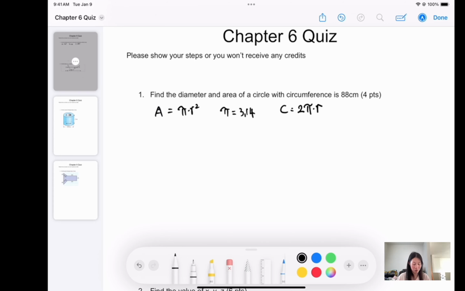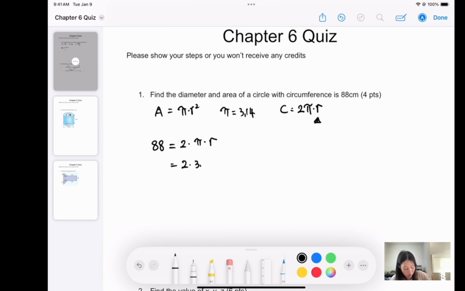So we are given the circumference, and the first thing is we want to find the diameter. We can find the radius first. So circumference is 88, equal to 2 times pi times the radius.